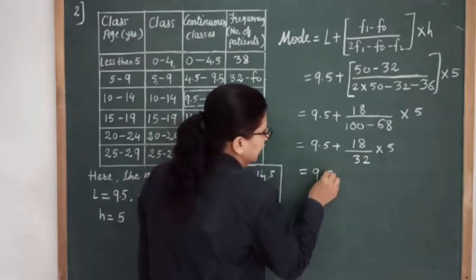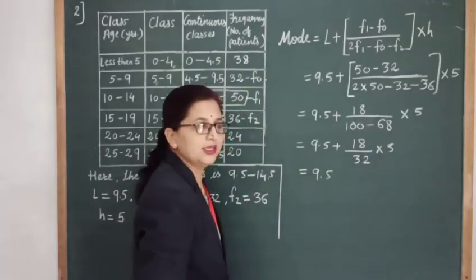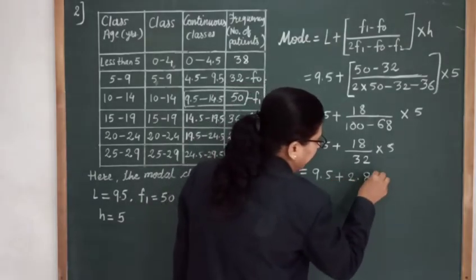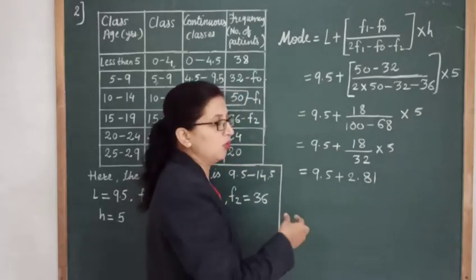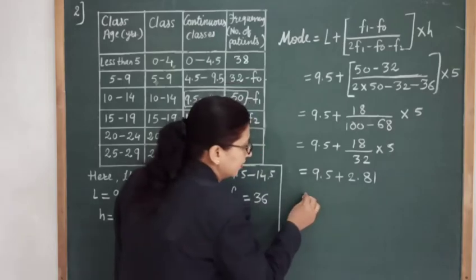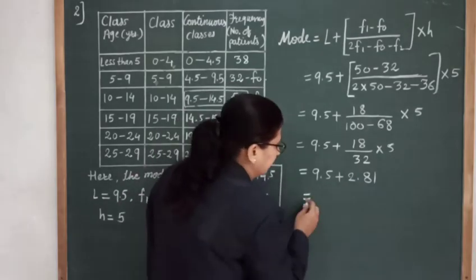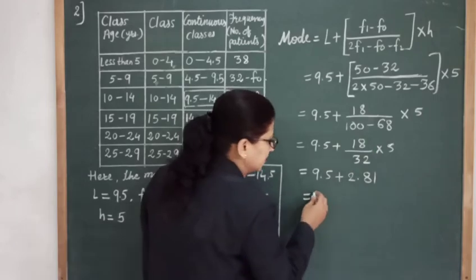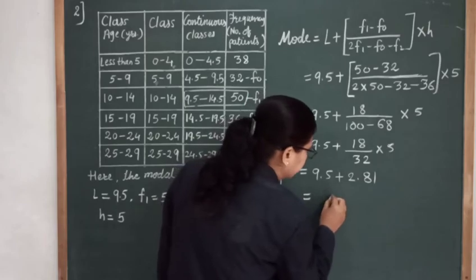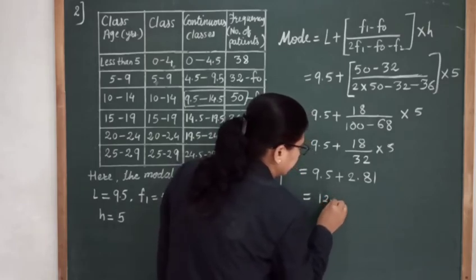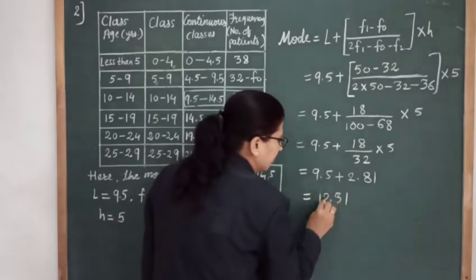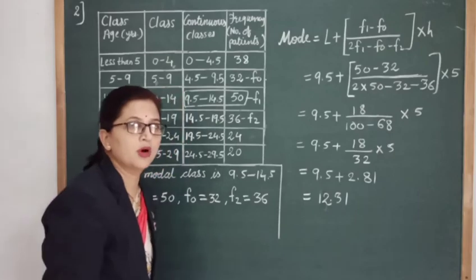Now here let's solve this. So here after solving this we will get 2.81. So here we have to write the value up to the 2 decimal place. Second decimal place we have to write the value of this division, whatever will be that calculation. So let's add this. So it will be 12.31. Okay, so in this way we got the mode of the given data.